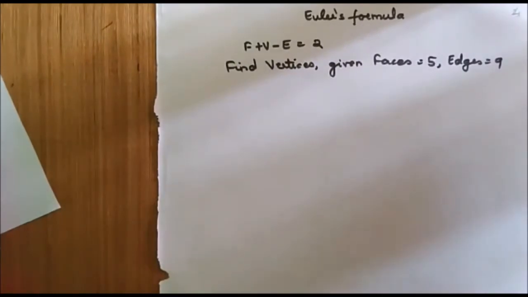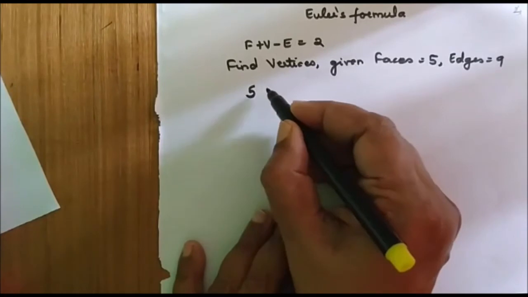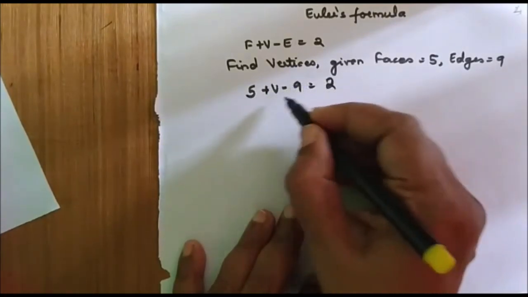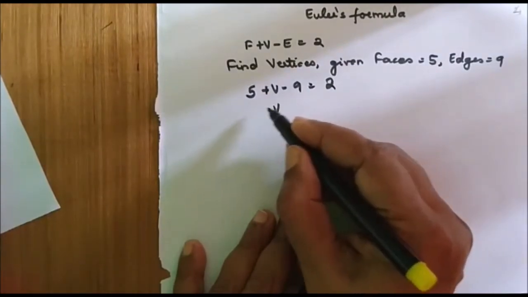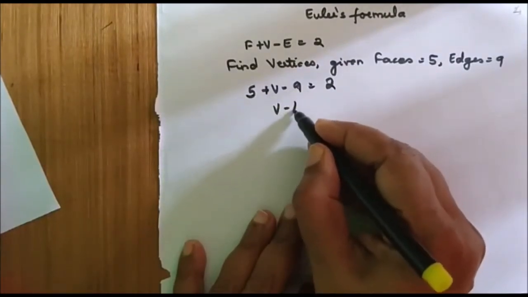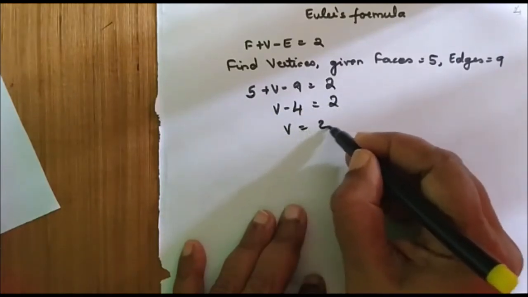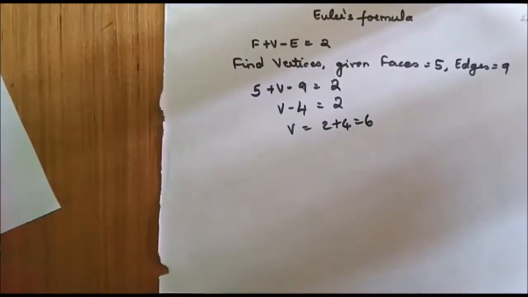Suppose you are asked to find the vertices, and you are given the faces to be 5 and the edges to be 9. How will you do it? I will have 5 plus V minus 9 equals 2, so V equals 2 plus 4, which is equal to 6. So this is Euler's formula.